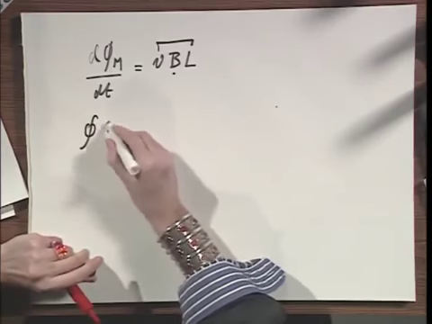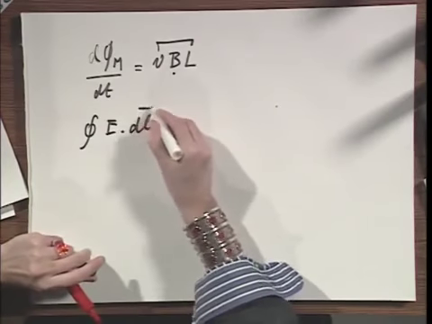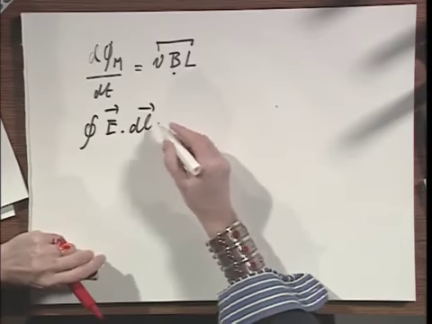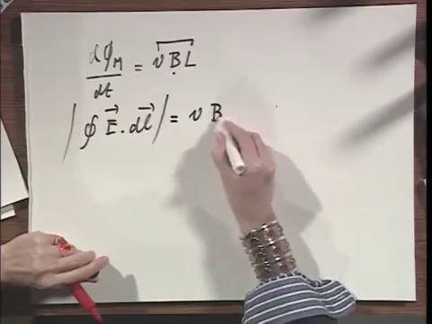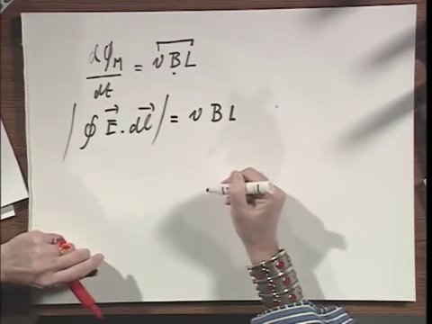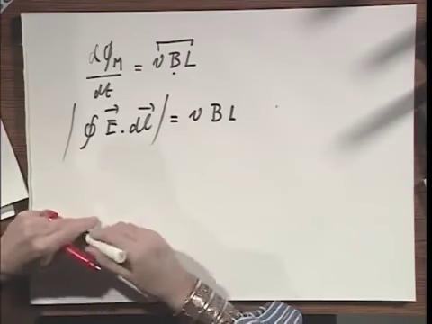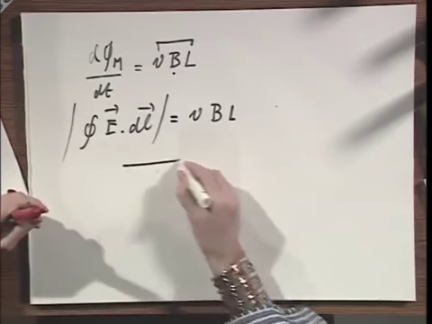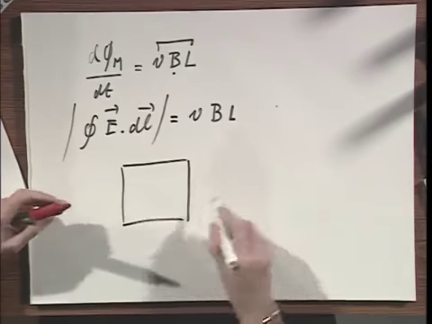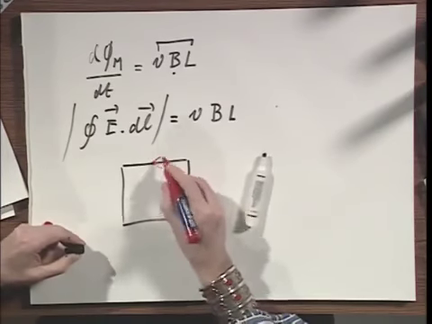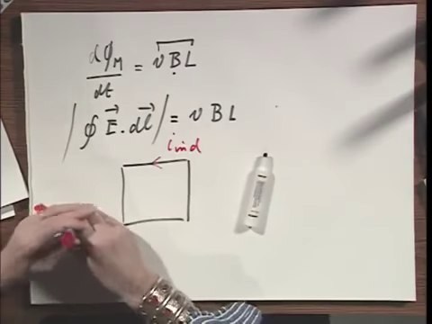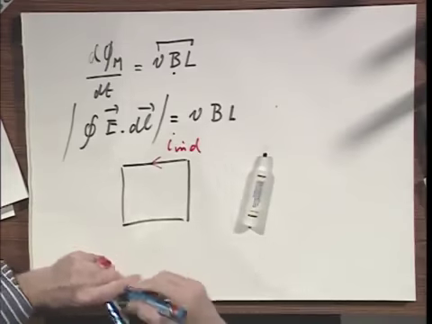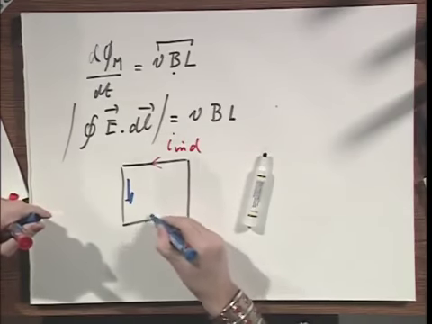And so the closed loop integral of E dot dl along the loop that I have chosen, and let's not worry about signs, because we know the direction anyhow, equals VBL, and we already determined that when it starts to enter the magnetic field, the induced current will be in this direction, so the induced electric field will be in this direction.